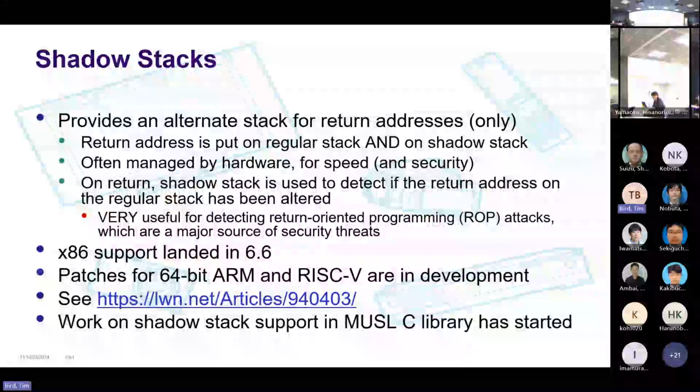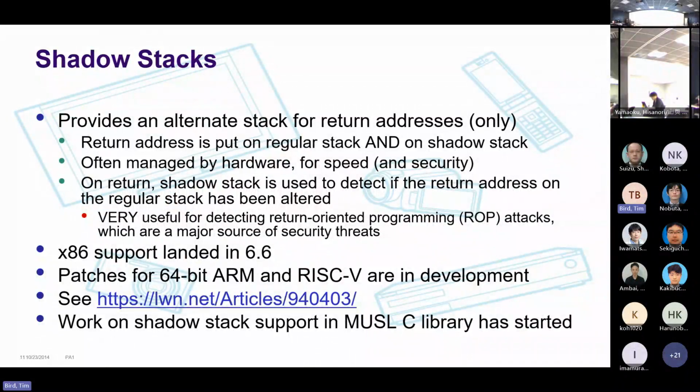So this is a very useful technique for detecting certain types of programming attacks called return-oriented programming. This is one of the main ways that people attack the Linux kernel, attack software in general, is trying to somehow manipulate the stack to return somewhere besides the original location. So this is, I think, a very interesting control flow integrity mechanism.